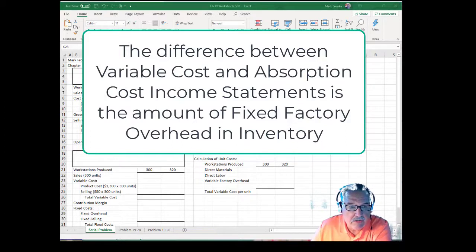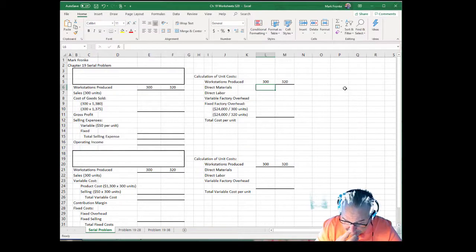So let's calculate our unit costs based on direct materials of 800, direct labor of 400, variable factory overhead of 100, and then our fixed factory overhead is 80.